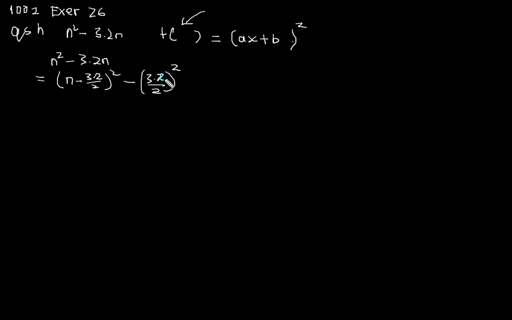Now, what it's saying is, if I add 3.2 over 2 squared, this becomes n minus 3.2 over 2 squared, which will be equivalent to ax plus b.